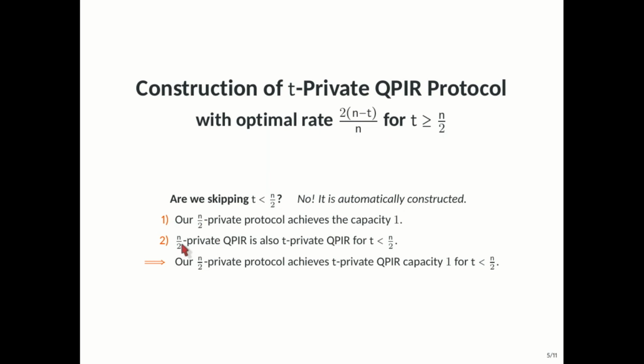And this protocol is also T-private QPIR for T less than n over 2, because smaller T means fewer colluding servers. So our n over 2 private protocol also achieves the capacity of T-private QPIR for smaller T. So we only consider this case.